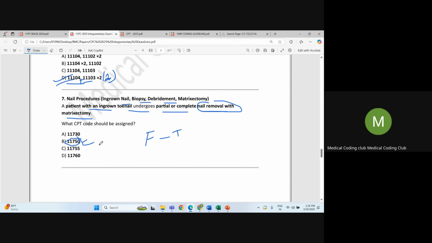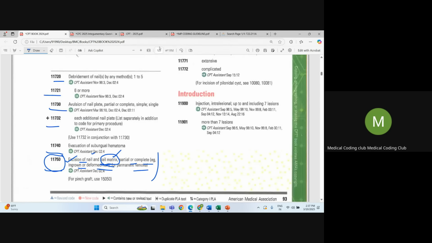Accordingly, you need to select the modifier also. In this question, I think they asked for the modifier also. Say for example, they have performed on a toenail, which toenail? Assume the left great toe. On the left great toe, they have performed the matrixectomy procedure. So for the left great toe, what modifier do we have to give?